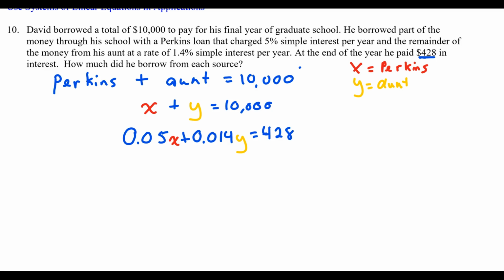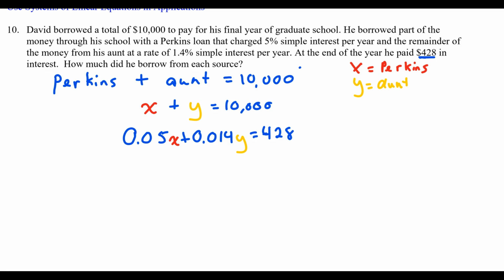Okay, so I have these set up. I can do this in a couple of different ways. Again, I can either do addition, which means I would have to multiply one or both of the equations by an amount, or I can use substitution. I'll be honest, whenever I have variables that have a leading coefficient of 1, a lot of times I'm going to use substitution because I don't want to deal with these decimals and all that.